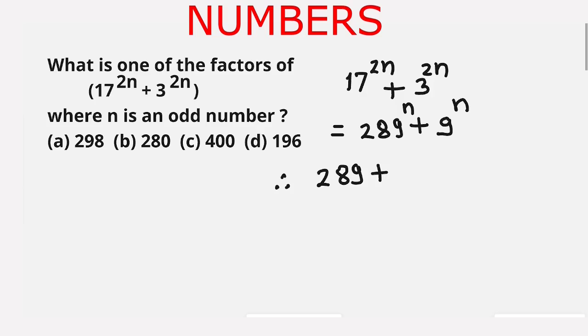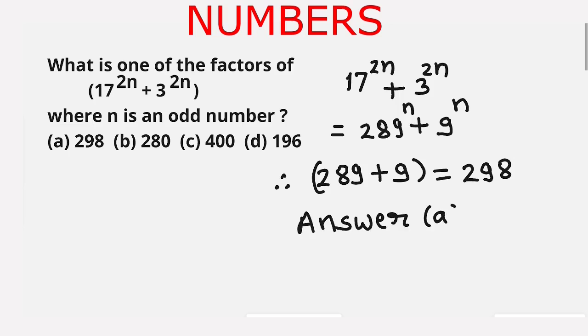Therefore, 289 plus 9 is one of the factors of the given number, and 289 plus 9 is 298. It means that 298 is one of the factors of 17 to the power 2n plus 3 to the power 2n. And from the given options, our answer is option A, 298.